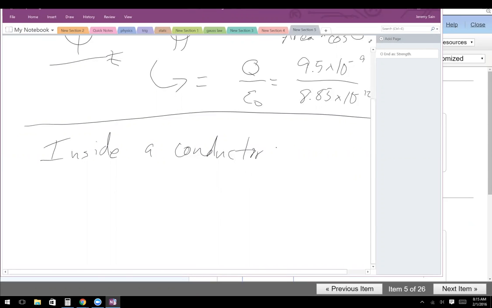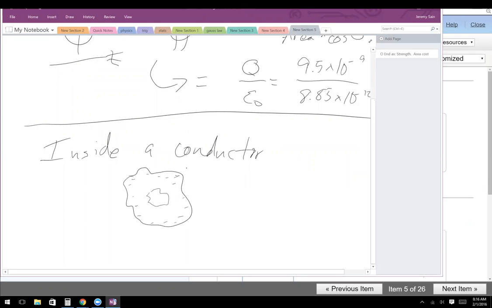One thing that comes from Gauss: if it's solid, all the electrons are on the surface, and even if it's hollow, they're still only going to go to the outside surface.